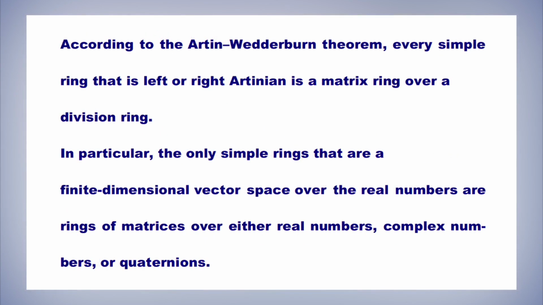According to the Artin-Wedderburn theorem, every simple ring that is left or right Artinian is a matrix ring over a division ring. In particular, the only simple rings that are a finite dimensional vector space over the real numbers are rings of matrices over either real numbers, complex numbers or quaternions.